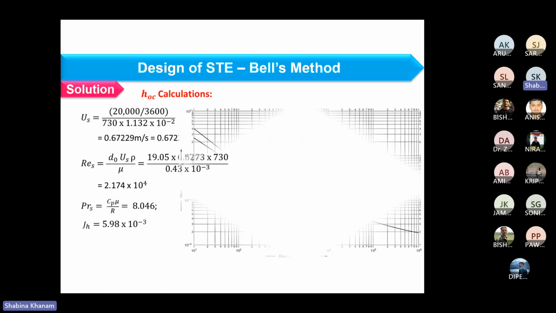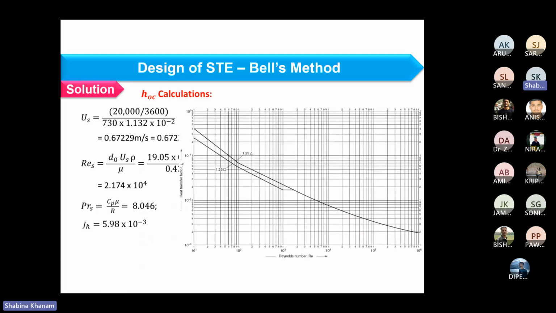You can see that from this graph, which is in volume 6. If you see 2.17, it is around here into 10 power 4, and the value is slightly lesser than this 6, so we can consider 5.9 or so into 10 power minus 3.